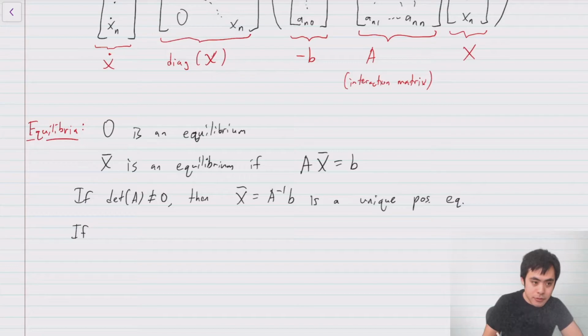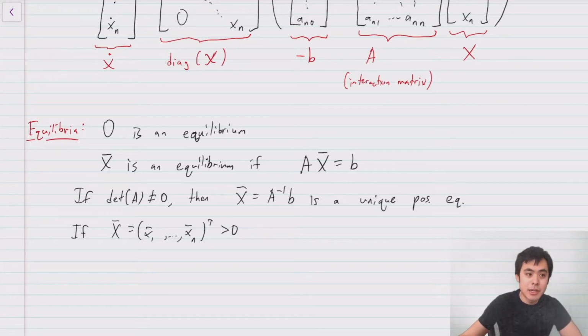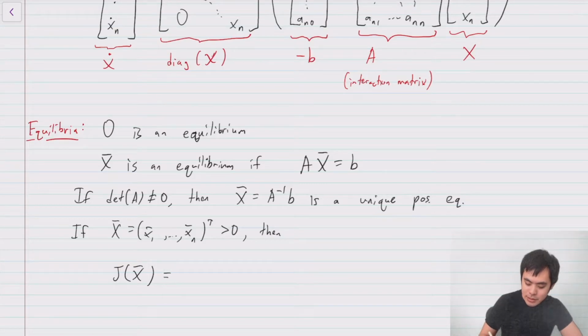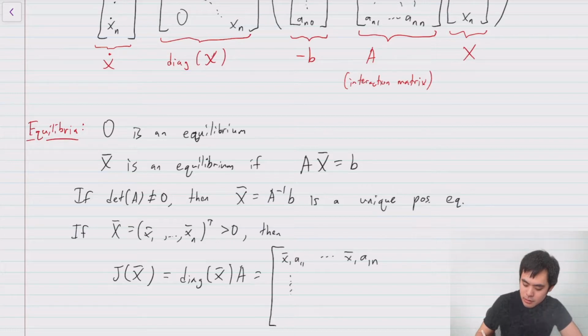And if x bar, so let's rewrite x bar is equal to x1 bar through xn bar transpose is greater than 0, so if all the entries are positive, then it turns out that the Jacobian of the matrix at x bar is precisely equal to the diagonal matrix of x bar times A, which is equal to x1 bar a11 through x1 bar a1n, down through xn bar an1 through xn bar ann.